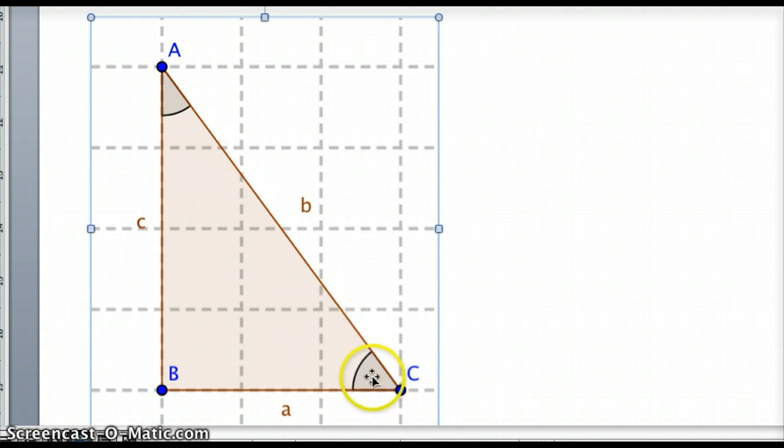The cos of c is a over b, but the sine of a is a over b, and the cos of a is c over b, but also the sine of c is c over b. So if that was, say, 70 and 20, basically the cos of 70 would be the same as the sine of 20.